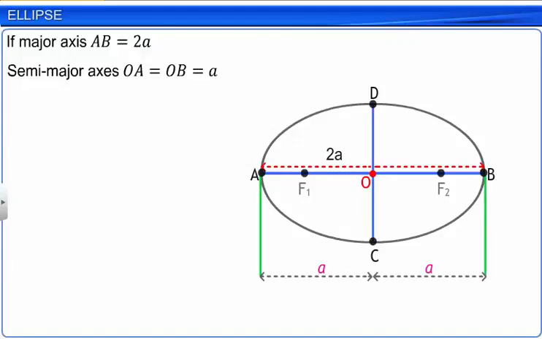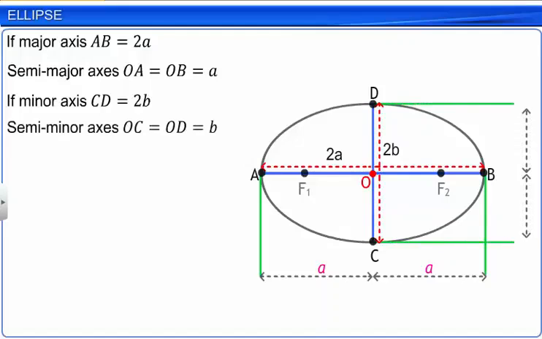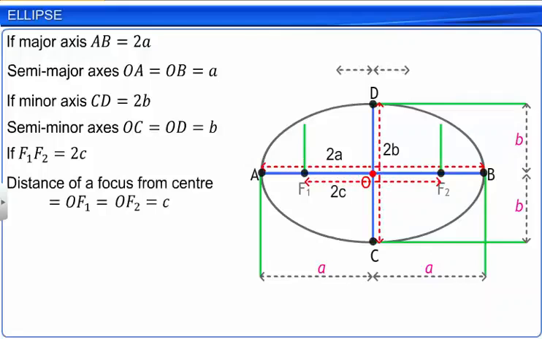Similarly, if the length of the minor axis of an ellipse is 2b, then the length of each of its semi-minor axes is b. Also, if the distance between the two foci of an ellipse is 2c, the distance of either focus from the center of the ellipse is c.